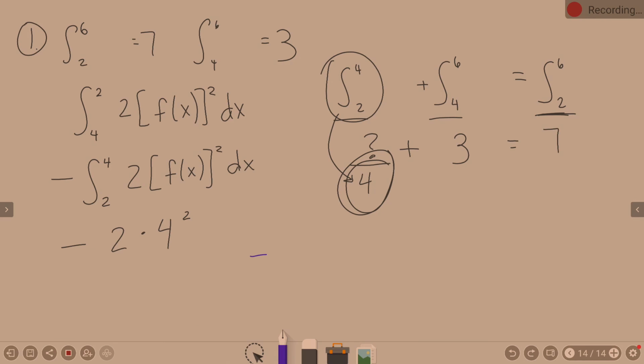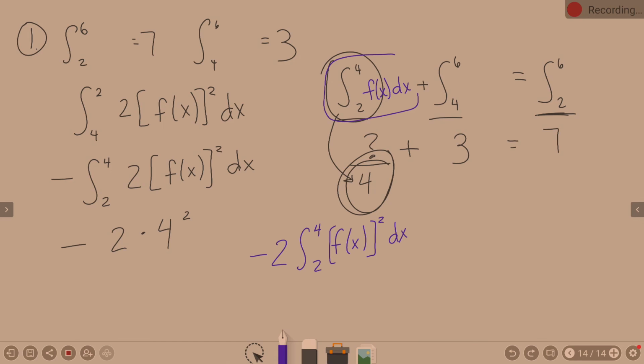I guess the other option is if I put the negative out front, put the 2 out front, then it's the integral from 2 to 4 of f of x squared. And the idea right here is this integral from 2 to 4 is of f of x dx.